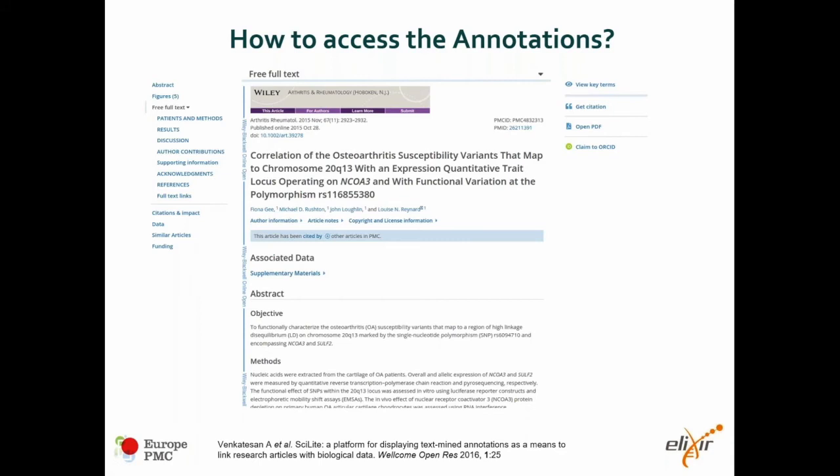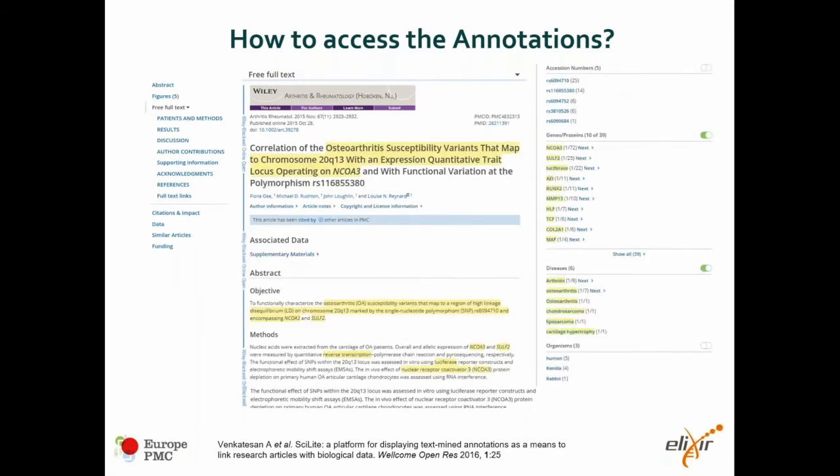Clicking on this tab allows you to view all annotations that have been made on this particular article, coming from different sources. It lists different types of annotations coming from different sources, and by highlighting them, you're able to mix and match these annotations.